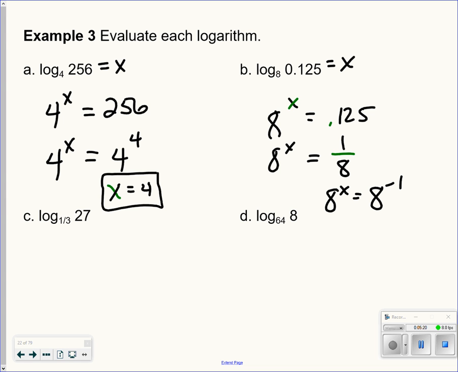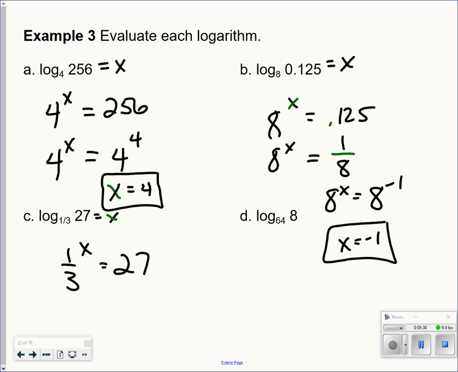So x would have to equal -1 in order for that to be true. Fractions are another one that's a little more challenging. 1/3 to the x equals 27. What I would say most of the time is change it into positive. So that's 3 to the negative x, and this is 3 to the third. And so negative x must be 3, so x would equal -3.